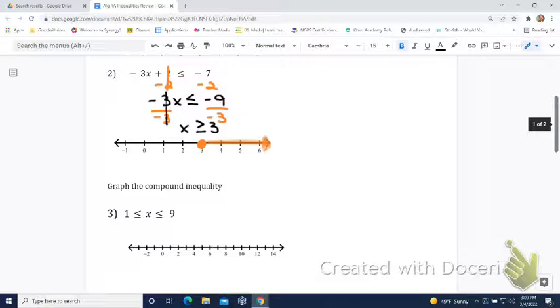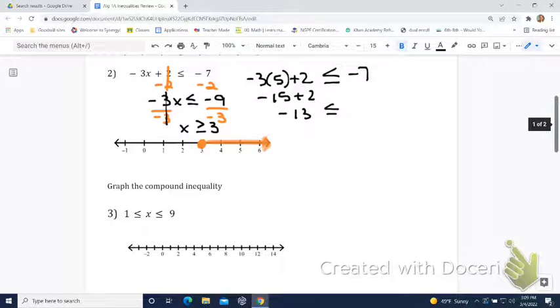And as always, we could plug a number in. We would not want to plug in 3 exactly. We would want to plug in one of the numbers in the shaded area. So let's say I pick 5. If I did negative 3 times 5 and add 2, that answer should be less than or equal to negative 7. So that's negative 15 plus 2, negative 13.